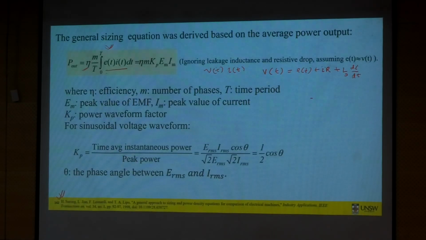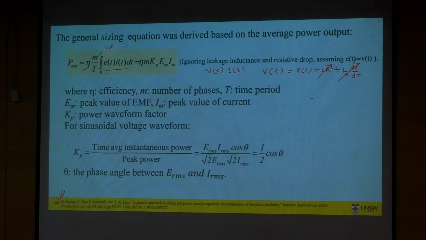We ignore this and we ignore this, so we just consider the input voltage to be equal to our back EMF in this equation. So we take E times I as our instantaneous input power. As I said, this equation was developed for any machine, so we don't assume anything at this point, except that we are ignoring resistance and inductance.